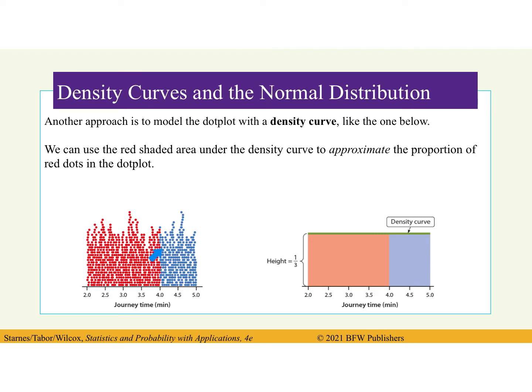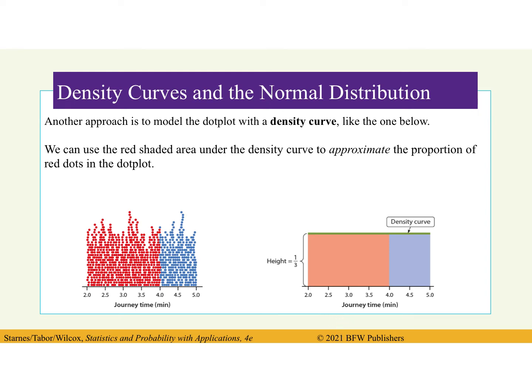So instead of counting all the dots, we can approximate with a density curve. When we start from 2 minutes to 5 minutes, so that's how many minutes? 3 minutes, right? In a density curve, the area must add to 1.